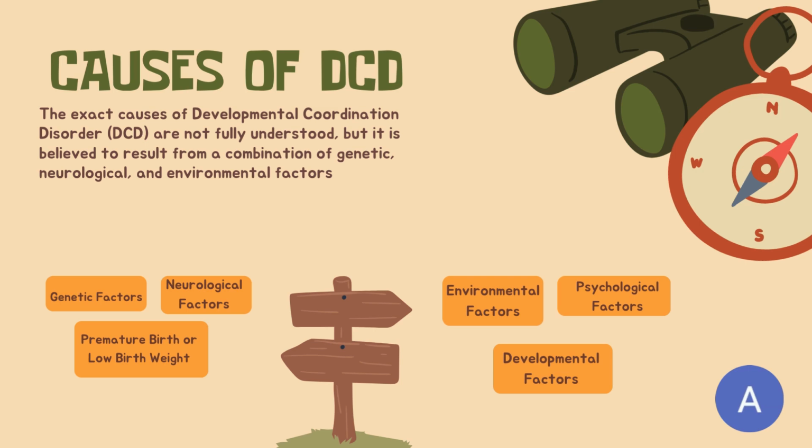All right, now let's look at environmental factors. Early experiences and environmental factors can influence the development of DCD. For example, the lack of opportunities for physical play and exploration during early childhood, or adverse prenatal conditions such as maternal smoking during pregnancy or traumatic brain injury.